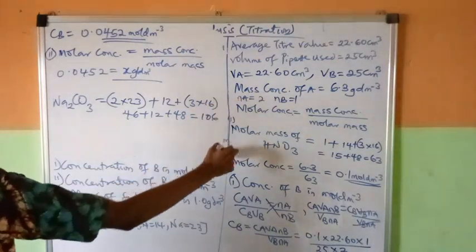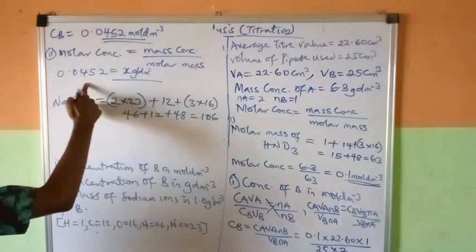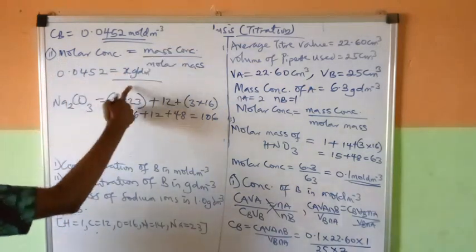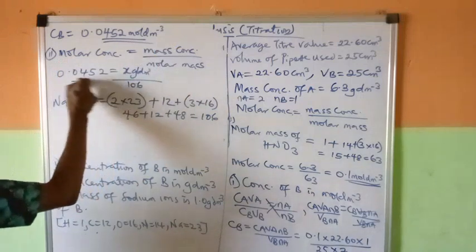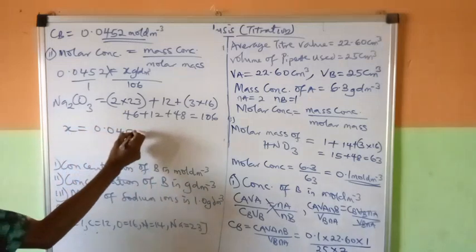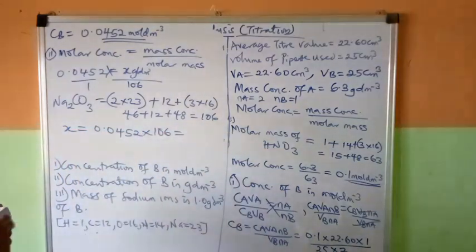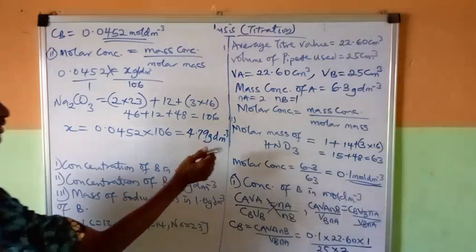So if the molar mass is 106 and the formula says molar concentration is mass concentration over molar mass, you just put your 106 in and you cross multiply. So our x is going to be 0.0452 multiplied by 106. So if you punch that on your calculator, 4.79 grams per dm cube.